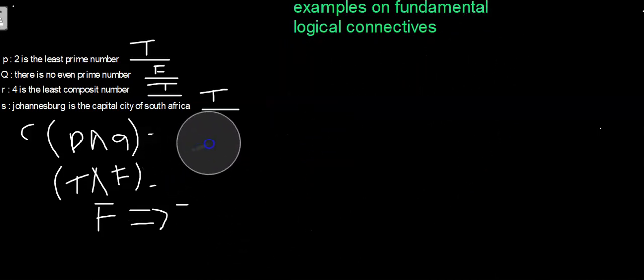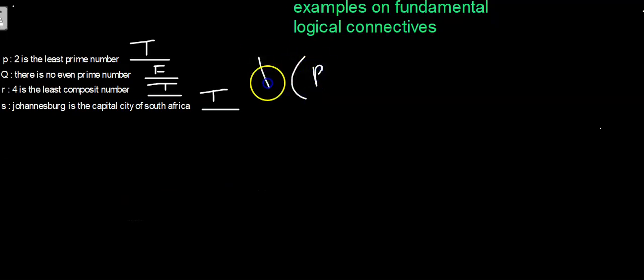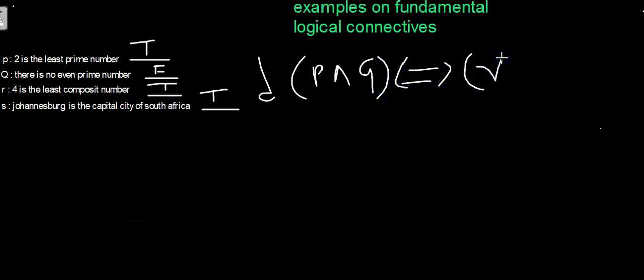D says P and Q by implication with R or S. Now this one is also a little bit tough, but I want you guys to pause the video and try by yourself and see if you get the answer. As you guys know, let me just substitute all those true values. So true and Q is false.